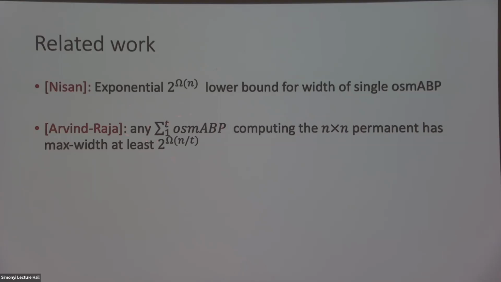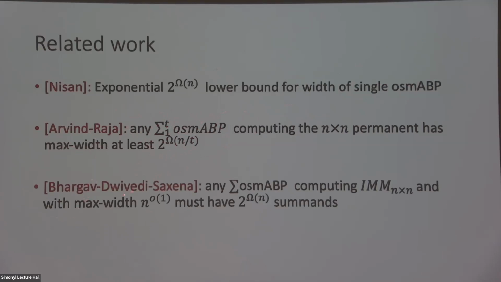So then the sums of ordered set multilinear branching programs, and there are not many works which study this model. Arvind and Raja showed an exponential lower bound when the number of summands was small. So with t summands, the lower bound was 2 to the n over t.